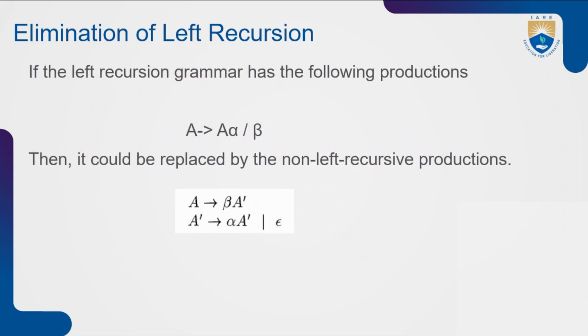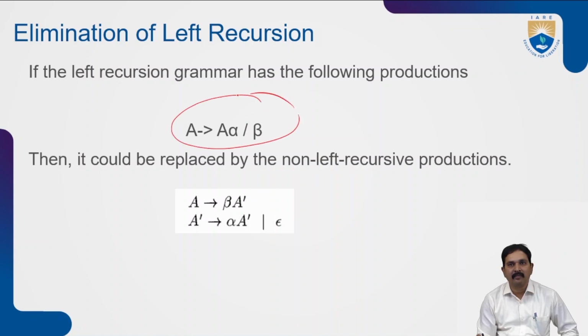Here is the basic syntax. Try to understand what left recursion is. Suppose the production is A implies A alpha slash beta. Then this form is left recursive because of this variable and this variable.